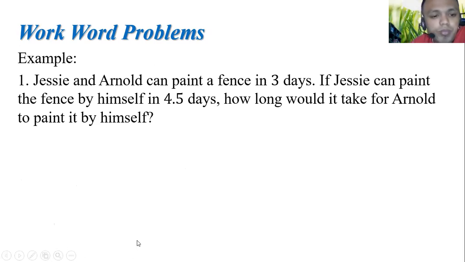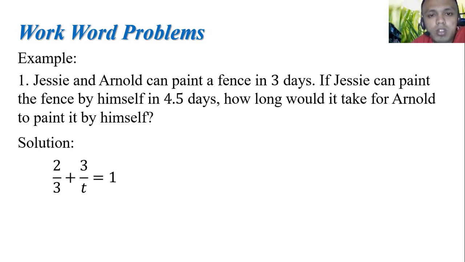Now, let's proceed to the equation. How can you solve for T here, since there are fractions? When there is a denominator, just like what I said before, get the LCD and multiply it on both sides.